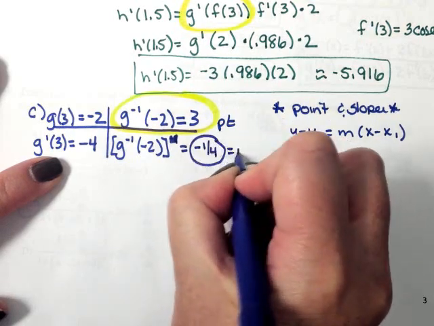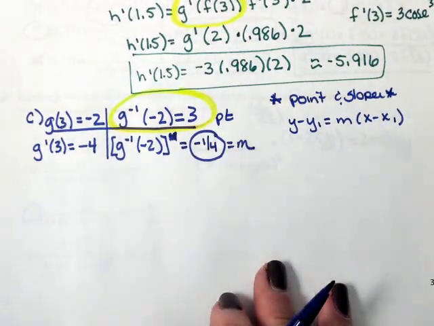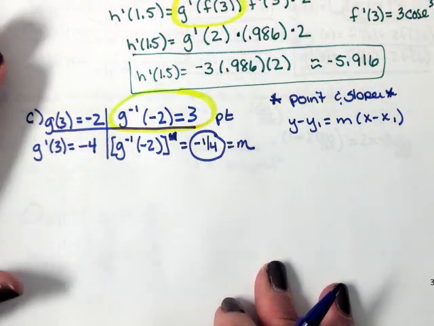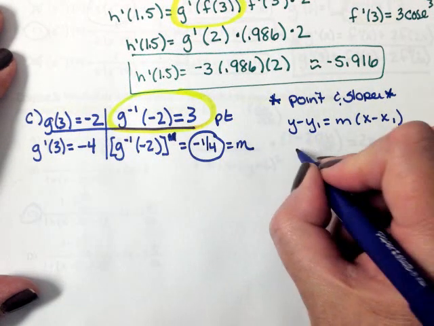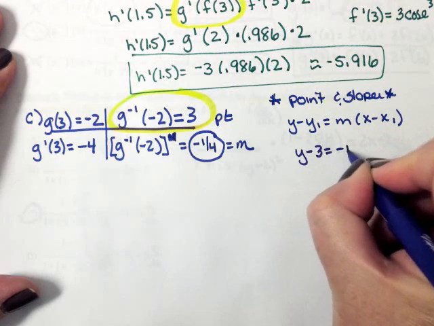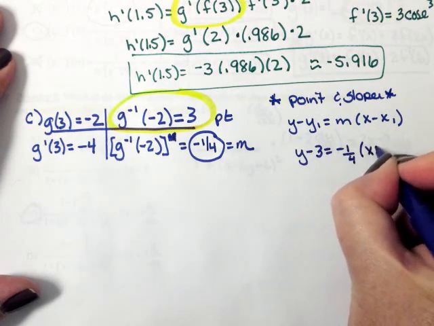So there's my slope. So now I know my point, now I know my slope, I can write the equation of my tangent line. So again, y minus 3 is equal to negative 1/4 times x plus 2.